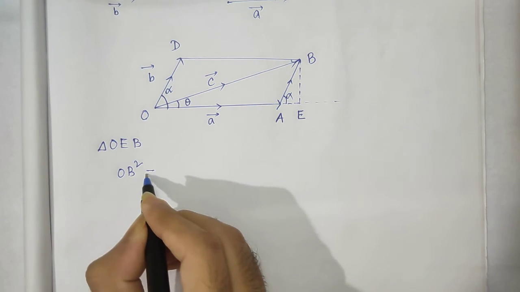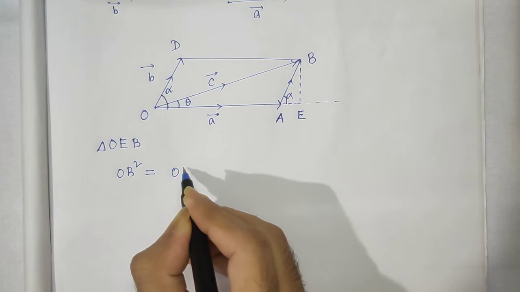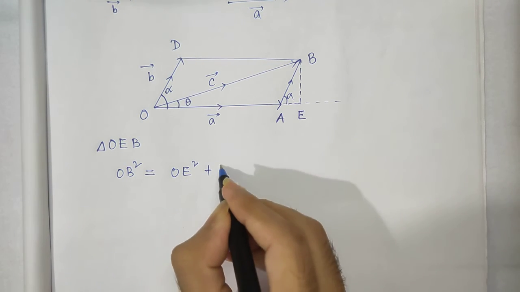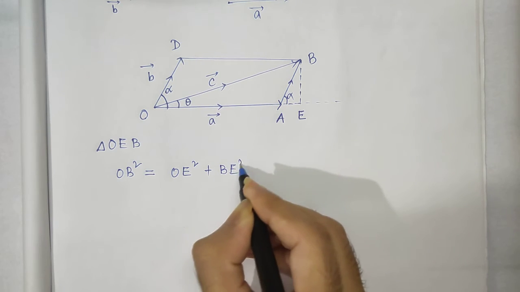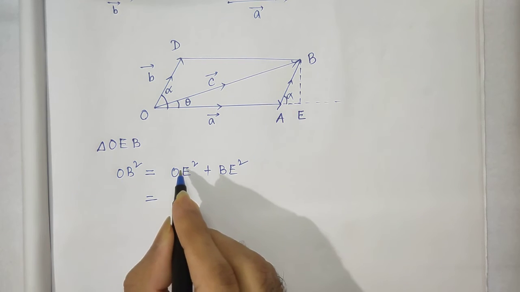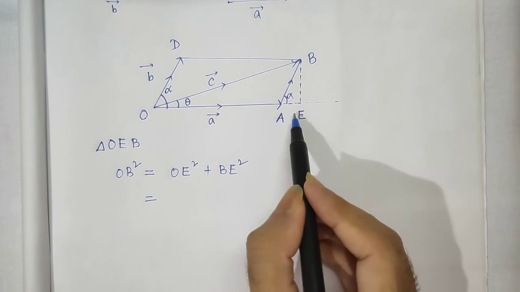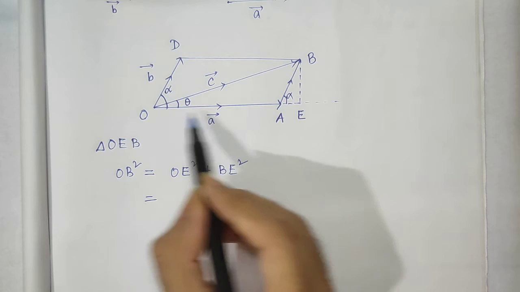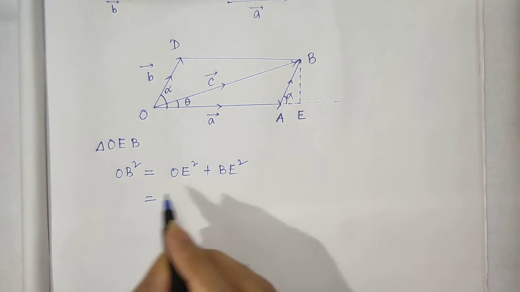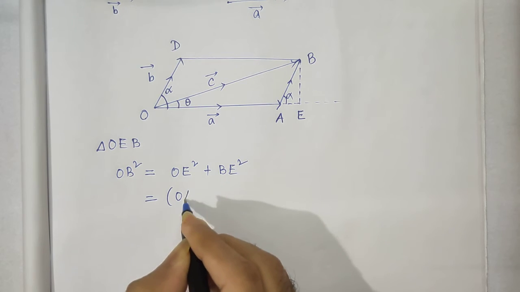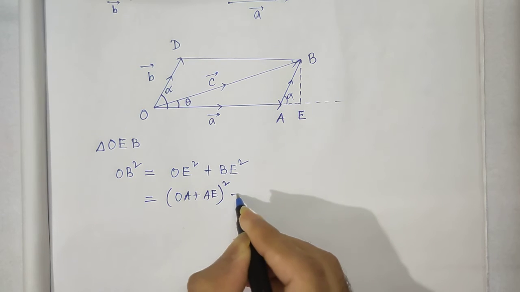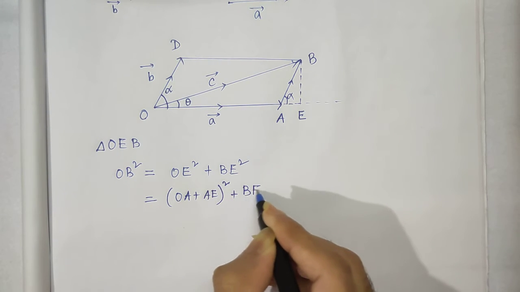Now, what is OE? OE is OA plus AE. We can write this. So, OA plus AE whole square plus BE square.